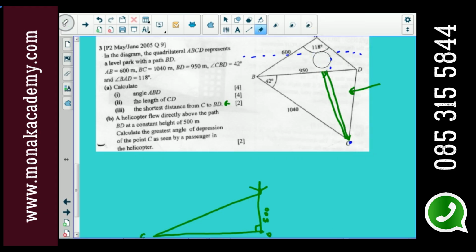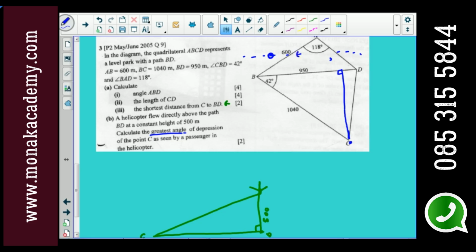Because what they actually want us to be able to see is that when we had a line forming 90 degrees here, for you to have the greatest angle, meaning the biggest one, that person cannot look at C when the plane is still here.